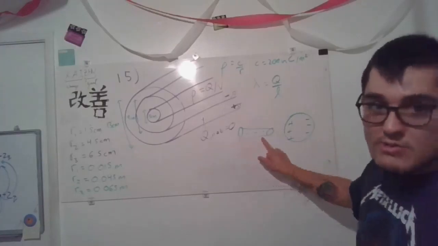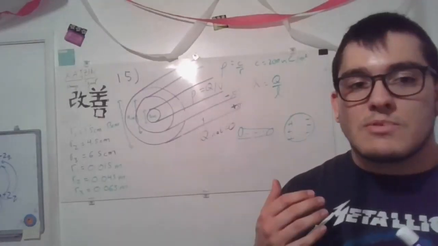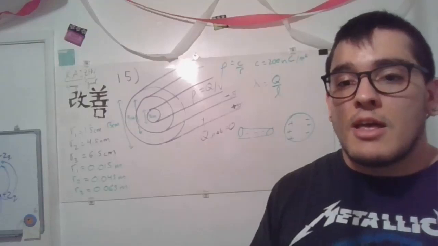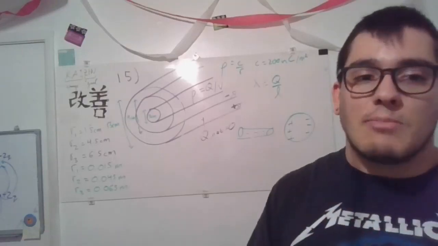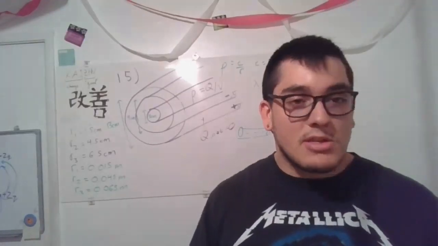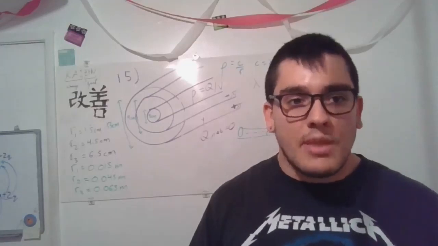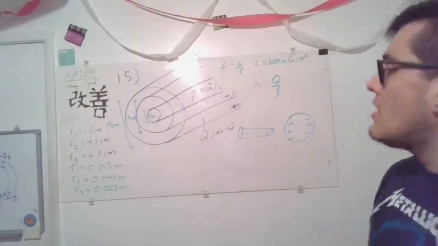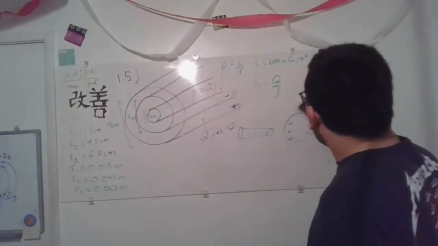So whenever you have something charged coming next to a neutral object, it always charges it by induction and induces a charge separation. If you need more explanation on that, I would suggest looking up chapter 22.3 or something like that. It has all the rules of induction. Okay, let's get on with the problem.